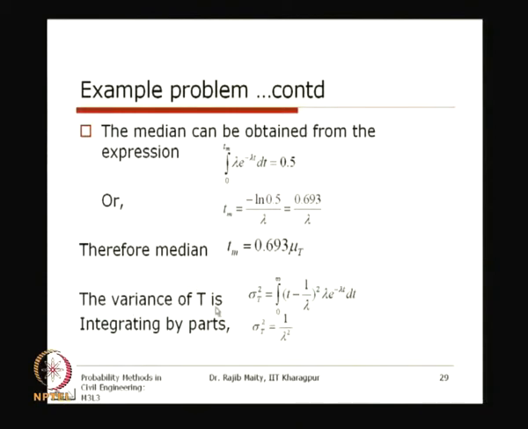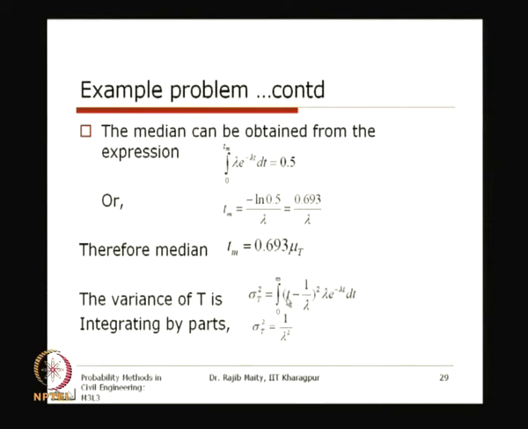The variance of this t. Now, if we want to get the variance, again we will use the same expression, with x, the random variable, t minus 1 by lambda. 1 by lambda is nothing but the mean, that is the expected value of t.